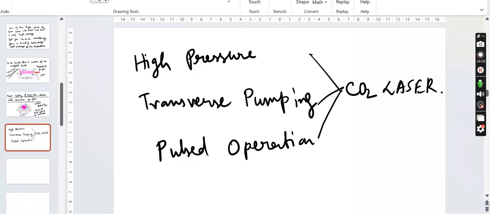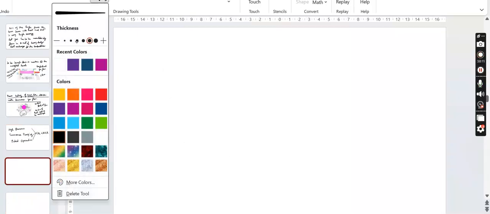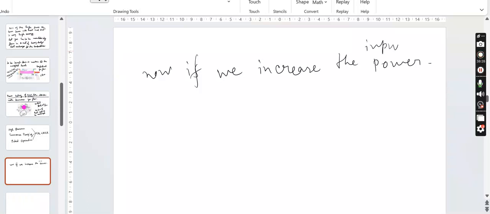So if we increase the input power, the main problem that arises is arc discharge.